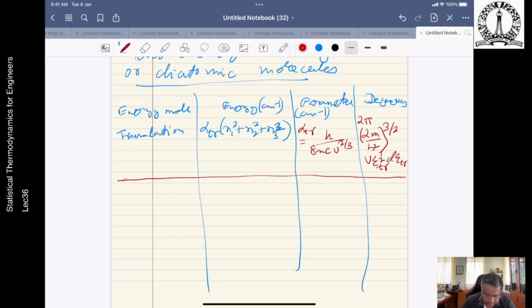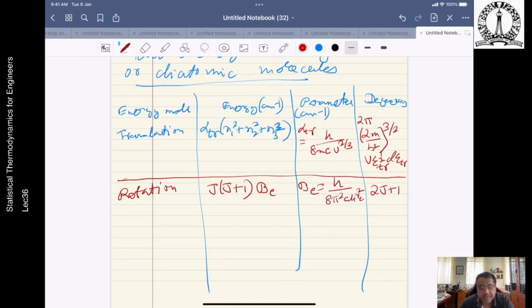Then comes rotation. The mode is rotation. It's j into j plus 1 times Be. The parameter Be is h divided by 8 pi square c mu Re square, and the degeneracy was 2j plus 1.